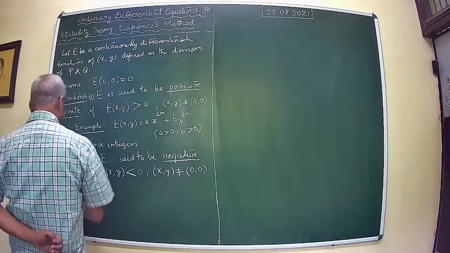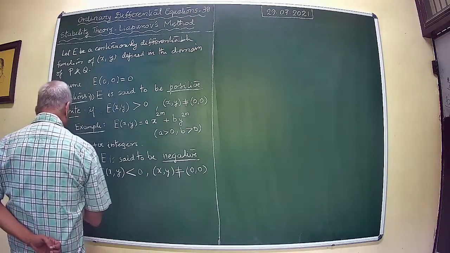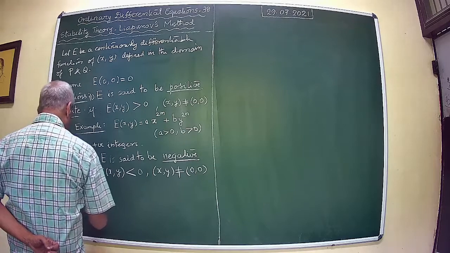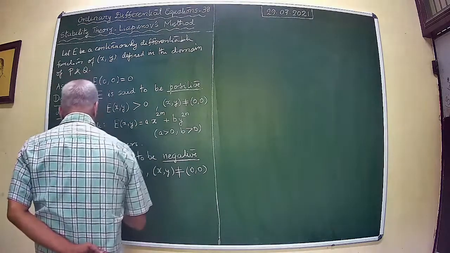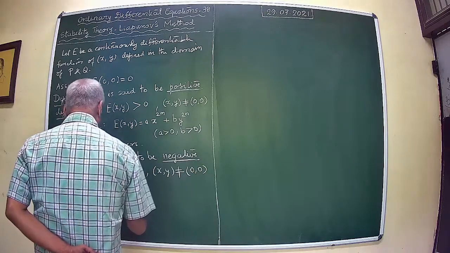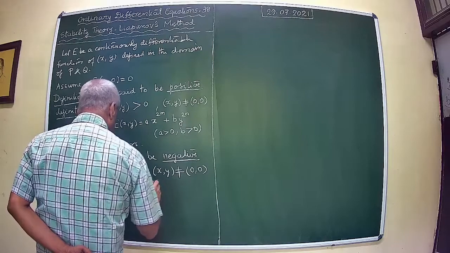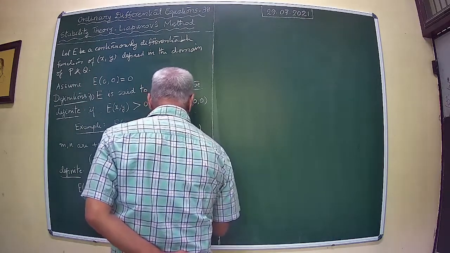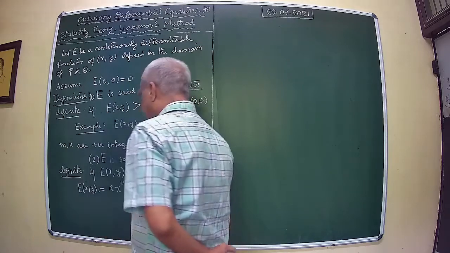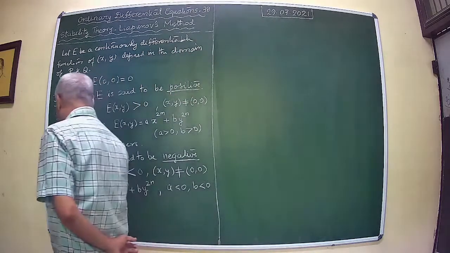So if E is positive definite, now you see that with A negative, B negative it is a negative definite function. Okay, this is an example.